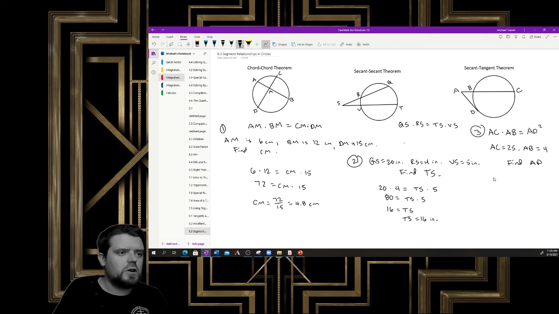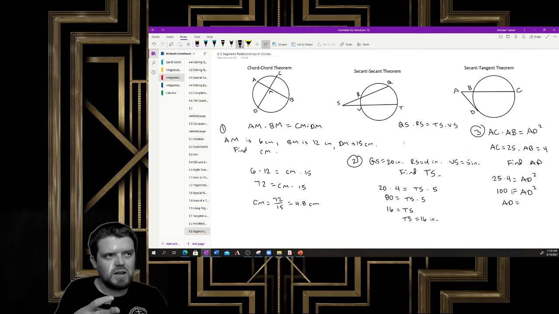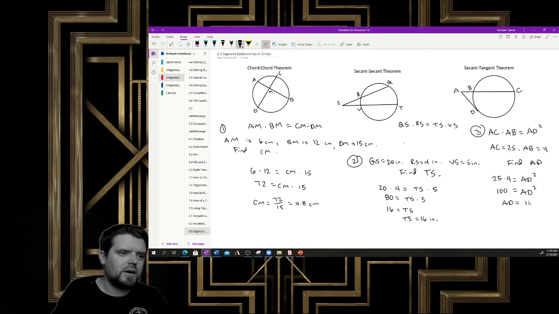So you plug in what you know, 25 times 4, that's equal to AD squared. 25 times 4 is 100, so 100 equals AD squared. To solve for AD, I would take the square root on both sides, which, yes, square root has two answers, but because we're talking about length, it would just be a positive 10. Square root of 100 is 10, so this is 10. And I didn't put any units here, which is fine. If it doesn't have units, you can put 10 units, or you can just leave it blank.